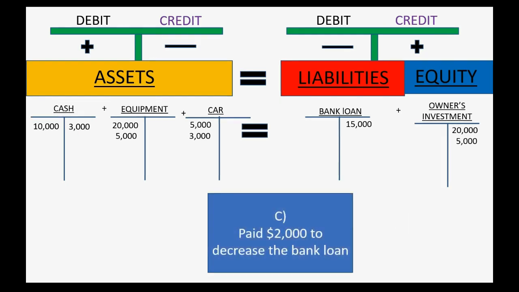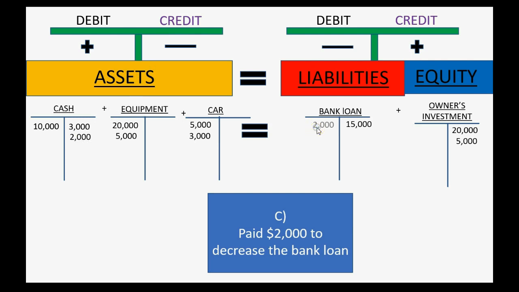Transaction C is one that we also did in the previous video. Paid $2,000 to decrease the bank loan. Well, of course, if we paid cash, cash has less. And of course, if we paid down the bank loan, it has less. Well, cash is an asset, and the diagram says if the asset has less, we put that money amount on the credit side.